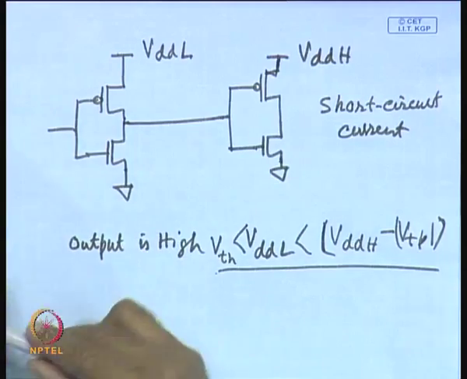That means, whenever the signal passes from a low voltage domain to a high voltage domain, there may be a drive problem that leads to larger delay of the next stage, and also larger power dissipation in the next stage because of short circuit power dissipation. So, this problem has to be overcome.